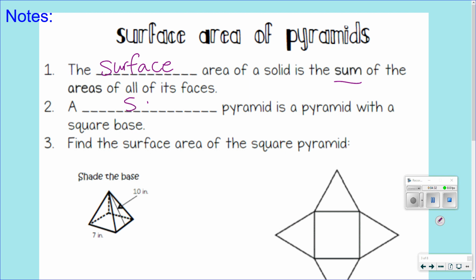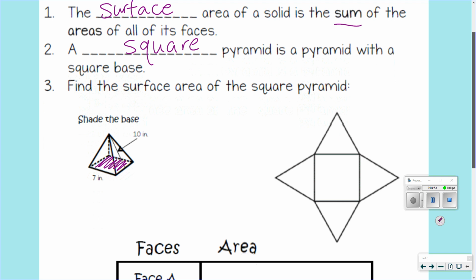A square pyramid is a pyramid with a square base. For example, look at the picture, shade the base. Guys, when it's drawn, it doesn't really look like a square, does it? Because it's kind of slanted, but it is, okay? They're telling you it's a square.